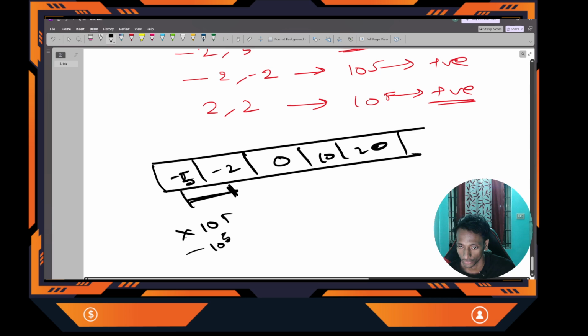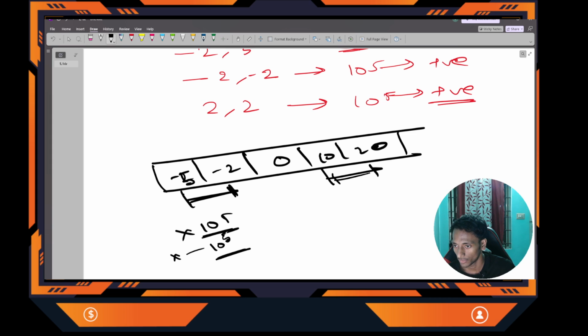Multiply with both. One is multiplied with 10 to the 5, another is multiplied with minus 10 to the 5. Another possibility is to multiply with the largest two, that is 10 into 20 into 10 to the 5. Try to create all the permutation combinations, right? 10 into 20 into minus 10 to the 5.